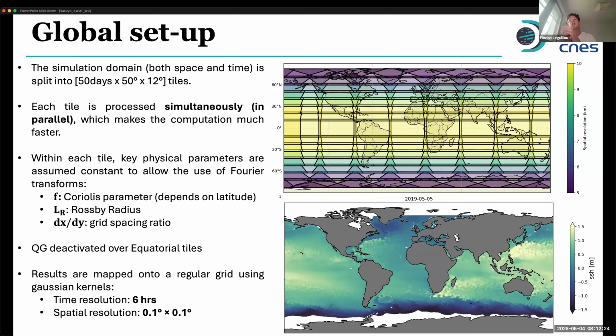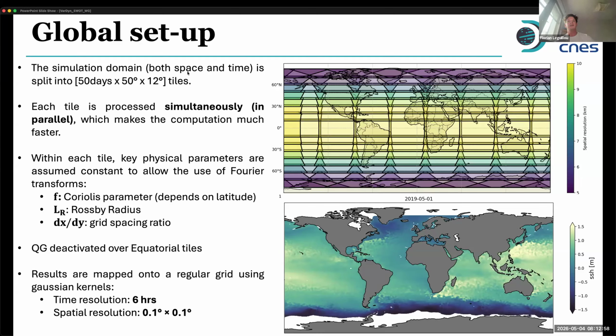As we use a spectral QG model, all the parameters have to be constant in space. These parameters are the Coriolis parameter, the Rossby radius, and the grid spacing. And we know these parameters, F and L, vary in space, even in time. So the idea of using tiles is that we can take into account this spatial variability of these different parameters.